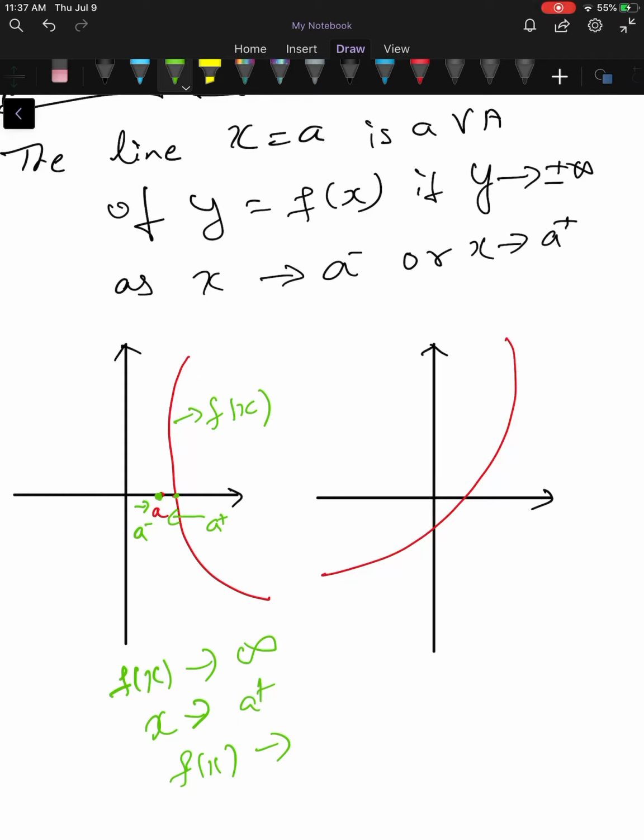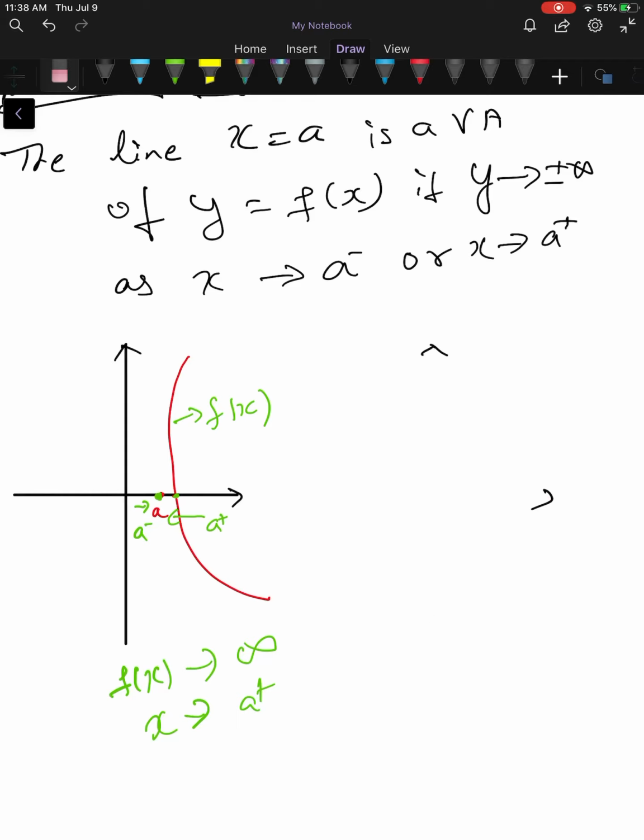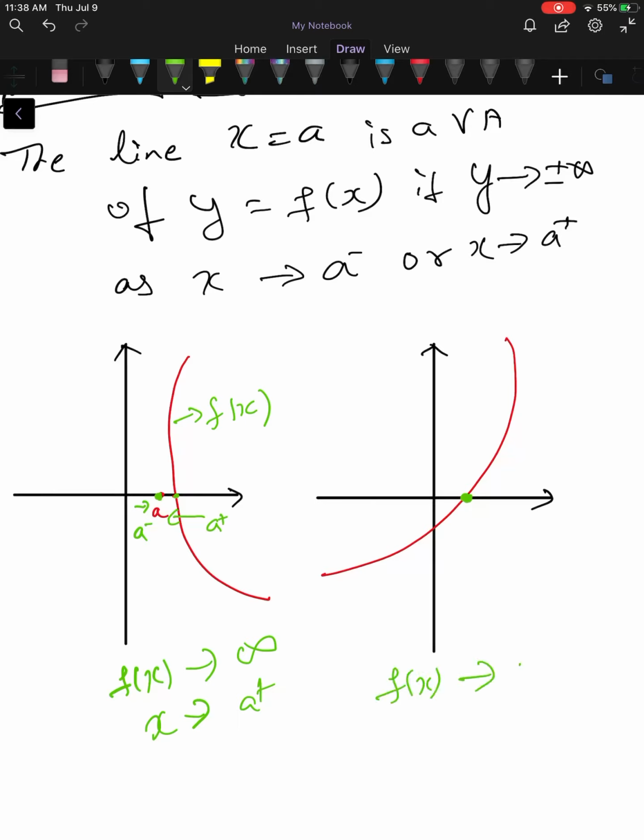Oh, sorry, not here, in this diagram. In the other diagram, f of x tends towards infinity as x tends towards a minus. So this is our a.